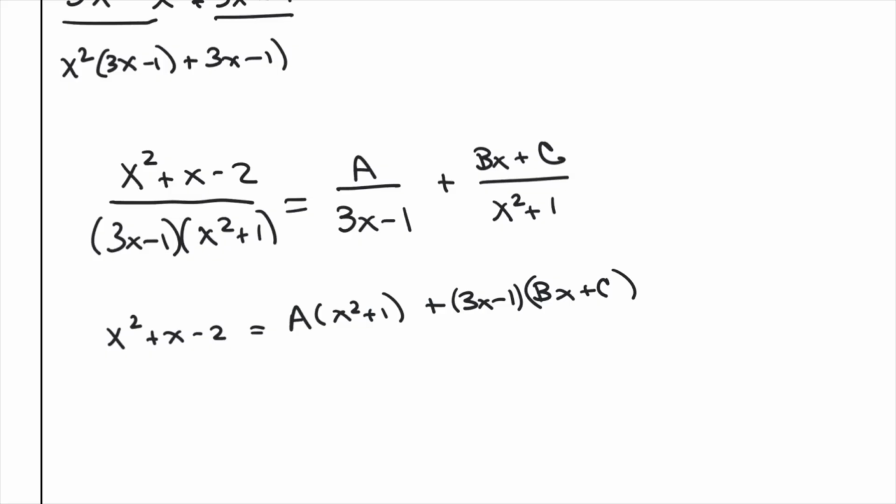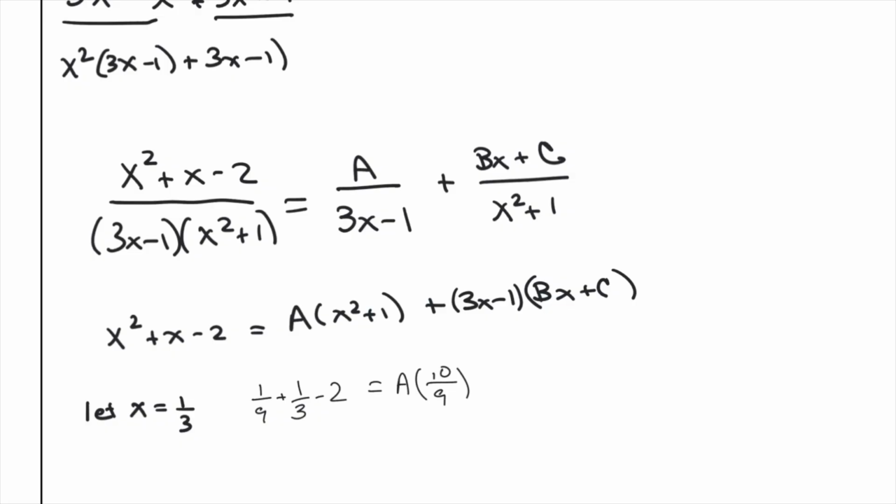Okay, next we're going to figure out the A, the B, the C. First, let x equal 1/3. When x is 1/3, I have 1/9 plus 1/3 minus 2 is going to be equal to A times 1/9, so that's going to be 10/9.